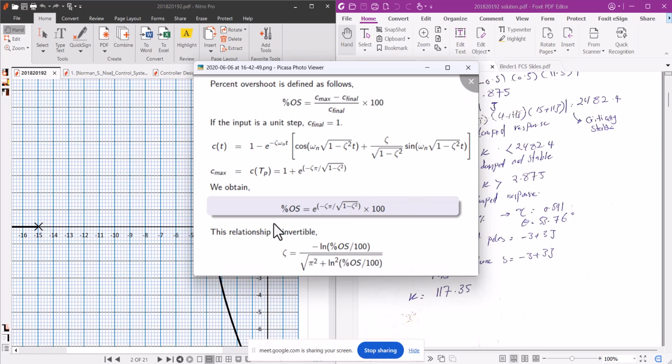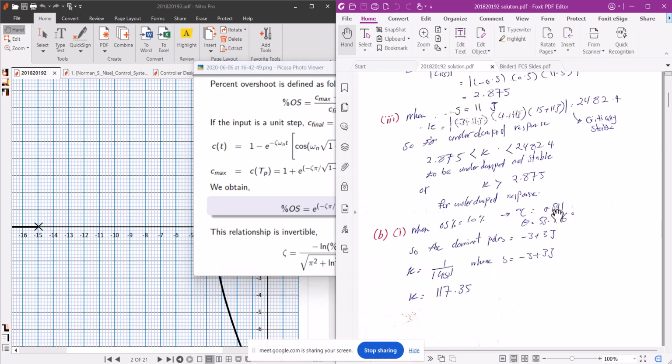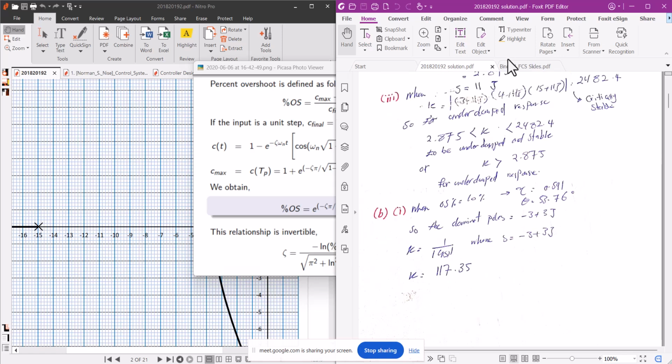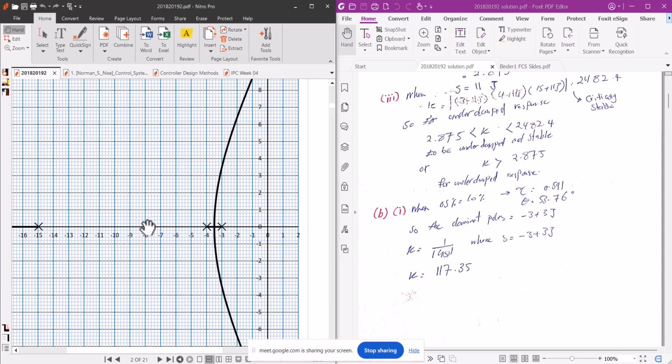This is the zeta, and from zeta, theta is calculated by cos inverse. Cos inverse of 0.591 gives 53.76 degrees. From this theta you got minus 3 plus 3j, and if you put this here, you get your gain. So if your gain is 117.35, you will get 10% overshoot.